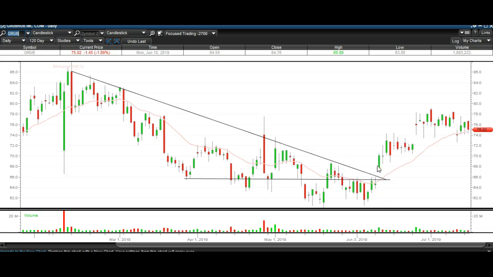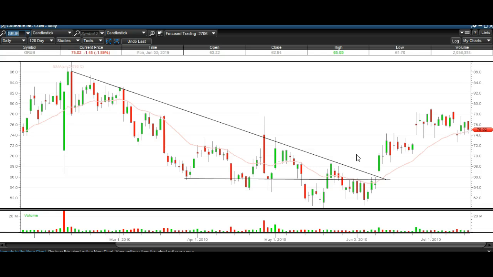So that's the entry signal that we looked for right there, and that's something you want to look for as well. The other thing too is this range was very compressed, okay? Yeah, it was trending down, but a lot of sideways trading within this area, and then we finally broke out of it. So we broke out of a tight compression range.